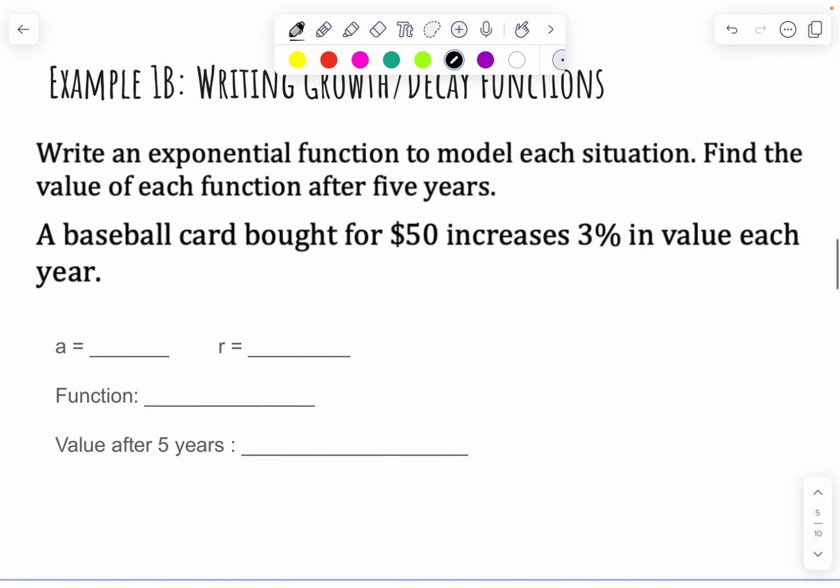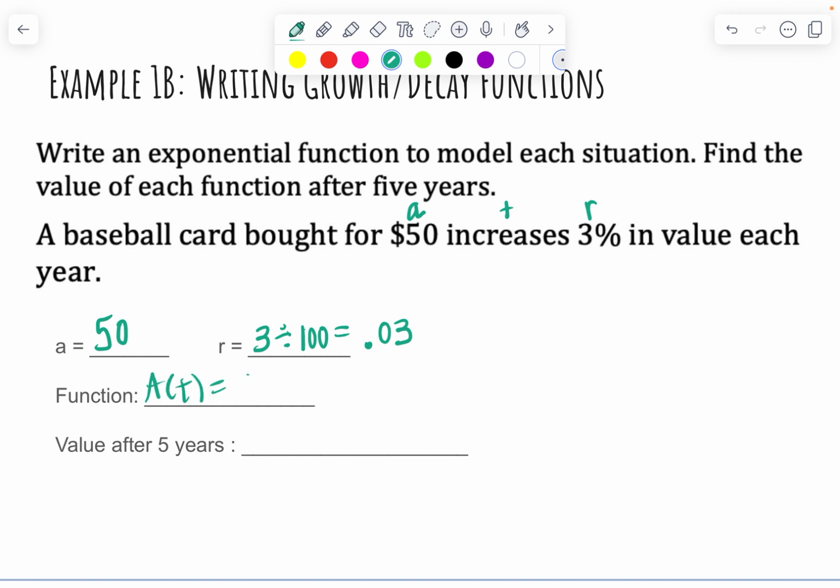A baseball card bought for $50, so that's our little a. It's our starting value. Increases means we're going to add. And then our rate is 3%. So it starts at 50. We'll do our percentage divided by 100, which means our r is 0.03.